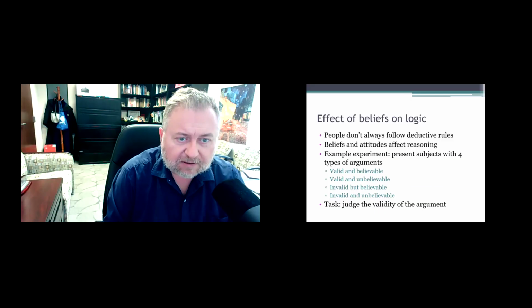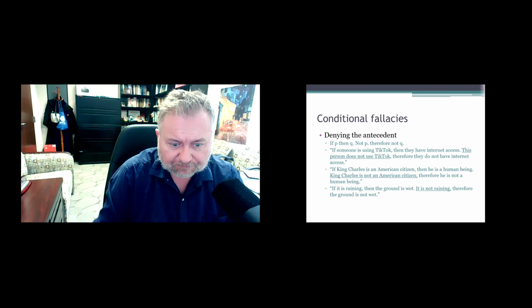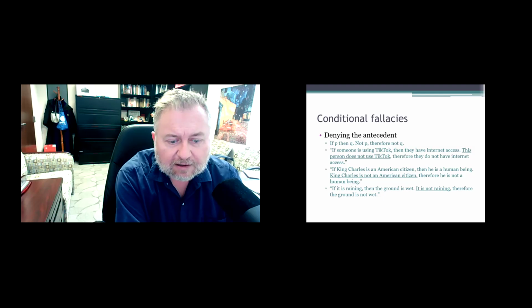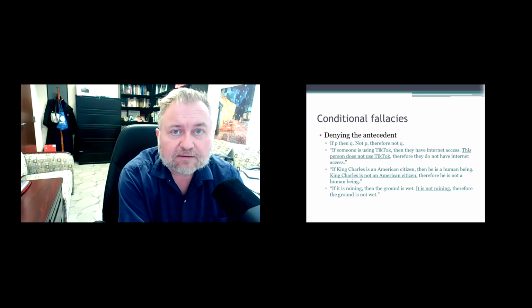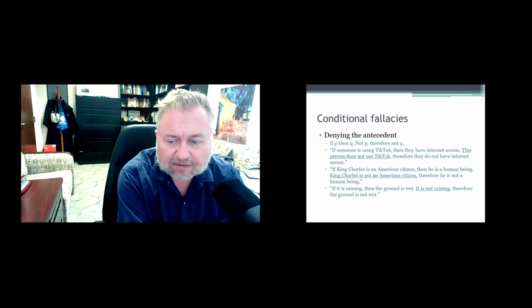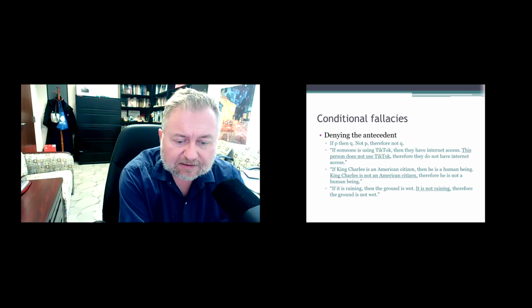Why? Let's go back to one of our fallacies, for example. Let's look at the bottom one here. If it is raining, then the ground is wet. Okay, that's a valid conditional statement. It is not raining, therefore the ground is not wet. Well, that's a fallacy, right? It is the denying the antecedent fallacy.